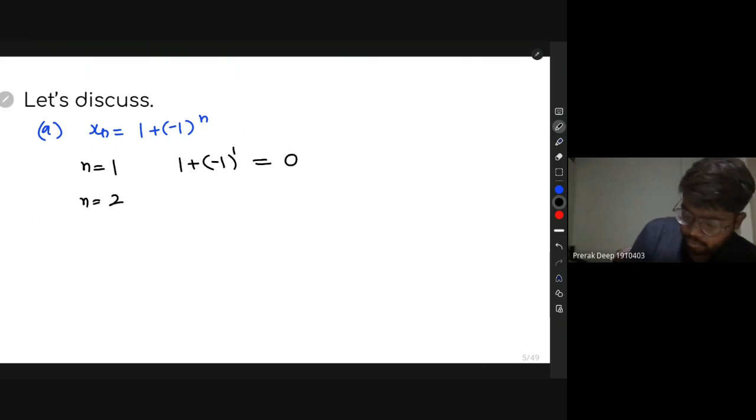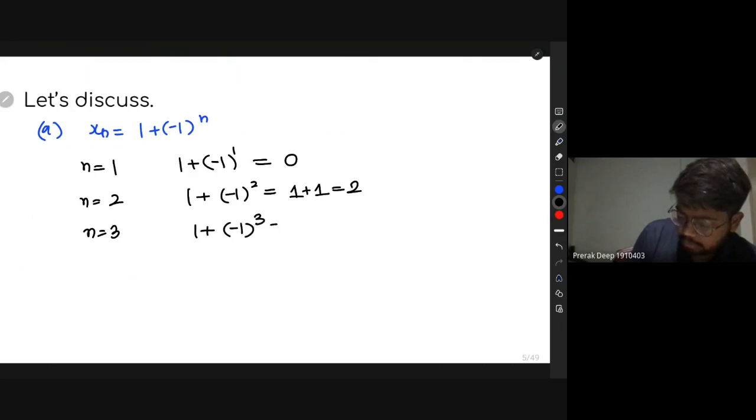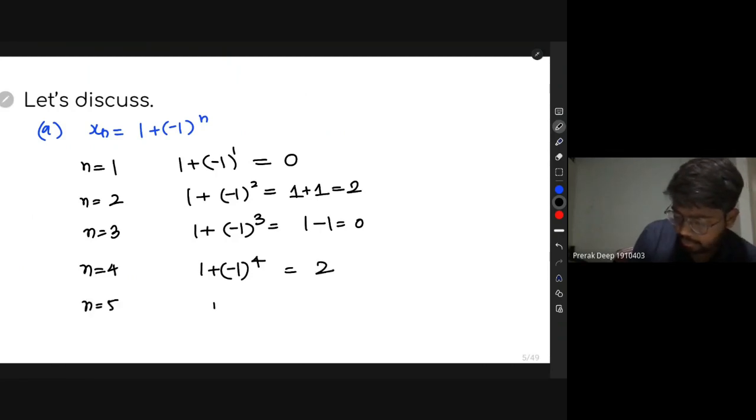When n equals 2, it is 1 plus (minus 1) squared, which is 1 plus 1, which is 2. When n equals 3, it is 1 plus (minus 1) cubed, which is 1 minus 1, 0. For n equals 4, it is again 2, and for 5, it is again 0.